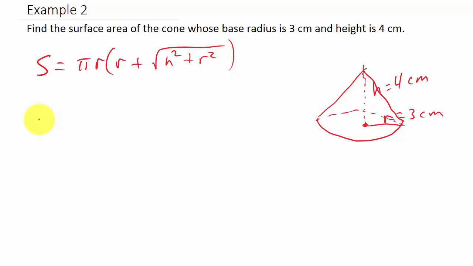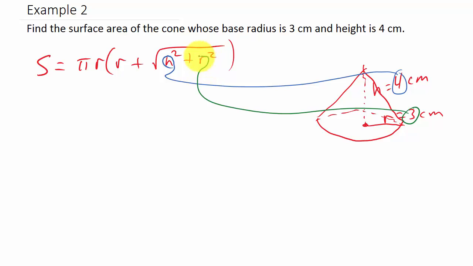And so that would give me, well, let's see, the 4, which is h. We're going to plug that in there, the height. And then the radius, which is 3, we'll plug that here, here, and here.